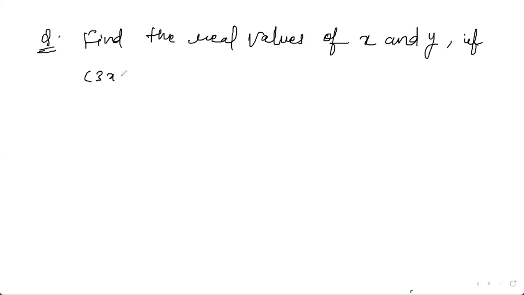3x minus 7 plus 2iy equals minus 5y plus 5 plus xi. We have to find the real values of x and y. By equality of complex numbers, we can simply compare the imaginary part and real part.